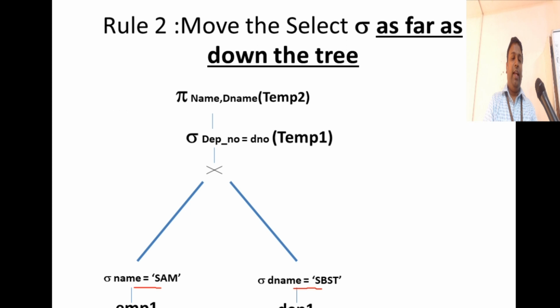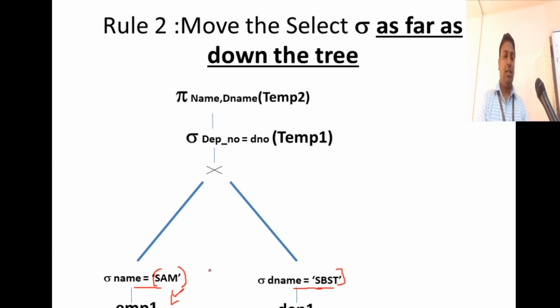So from the employee table, I am only worried about employees with name Sam. So even before reading it from the disk, I will filter the blocks. From the department table, I am only worried about departments with the name SPST.